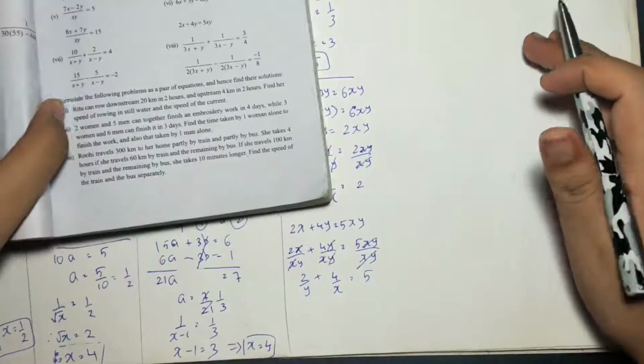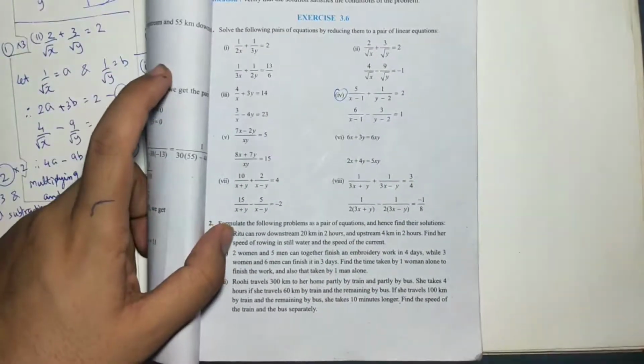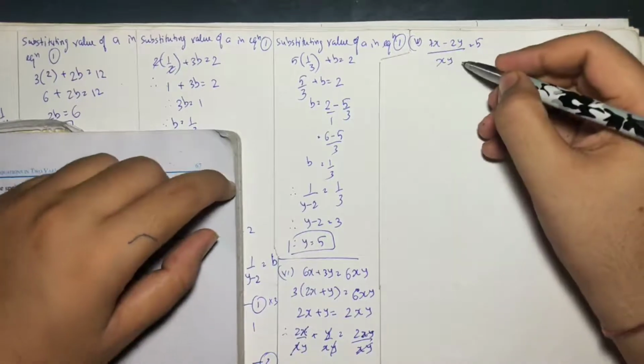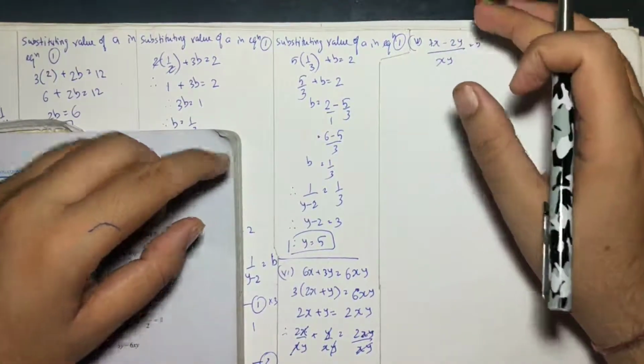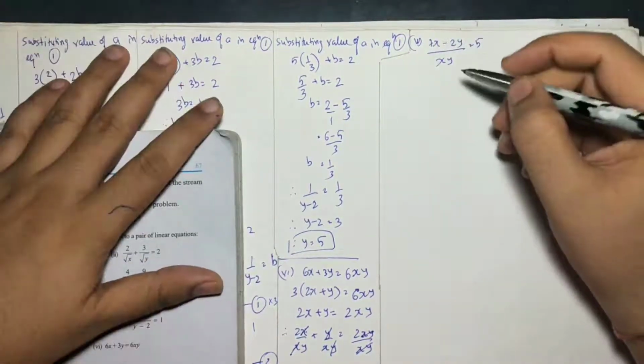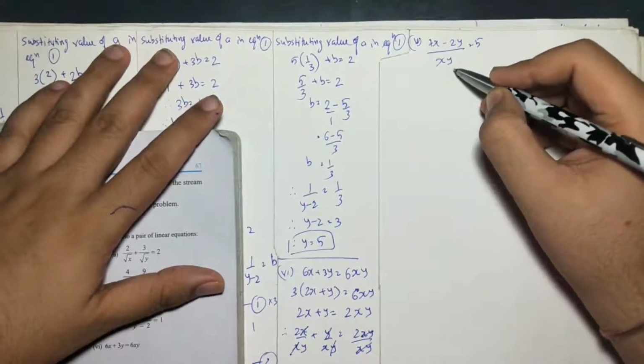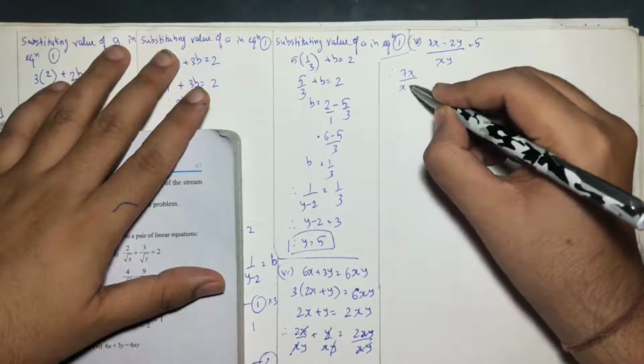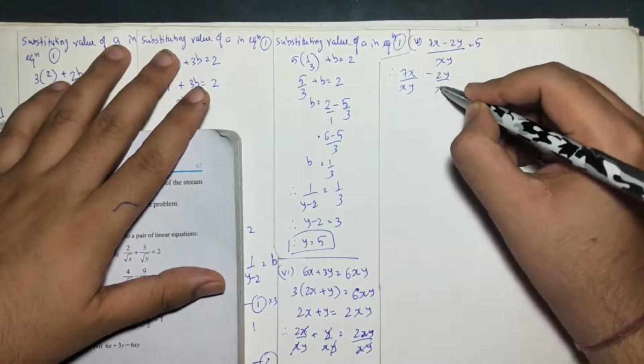I am writing the first few steps of the fifth question so that you may understand properly. So this was the first equation. I am just explaining this first equation. Second equation तो आपको समझाने की जरूरत भी नहीं पड़ेगी. ये जो ऑलरेडी डिनोमिनेटर xy है उसको इंडिविजुअली अप्लाई कर दीजिए. So 7x upon xy minus 2y by xy.